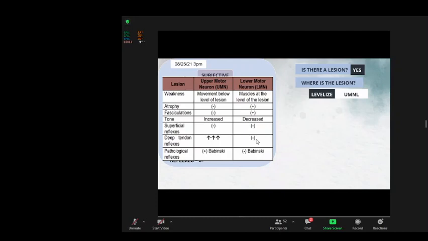Na-discuss mo naman kasi siya later, no? Siguro mas magandang gamitin post-ganglionic, or post-chiasmatic, pwede din, no? Or pwedeng wala siya sa retina, nandun siya sa visual pathway.